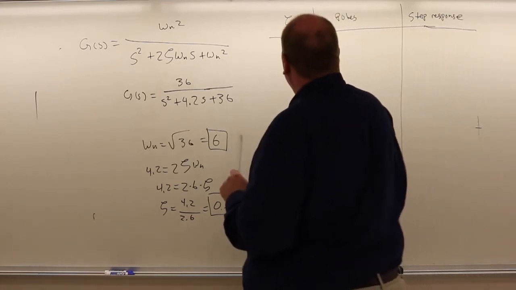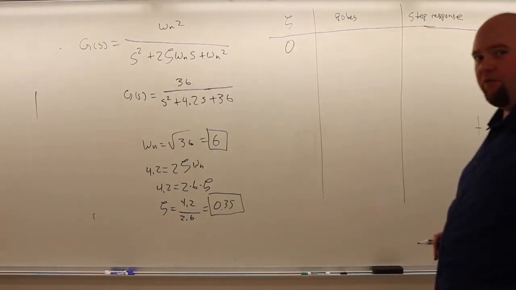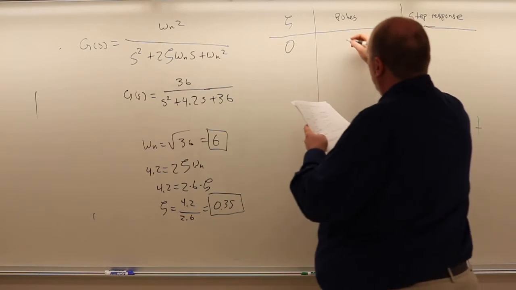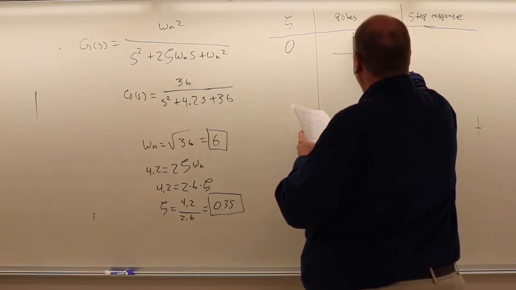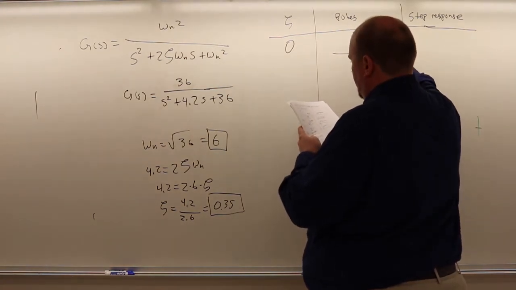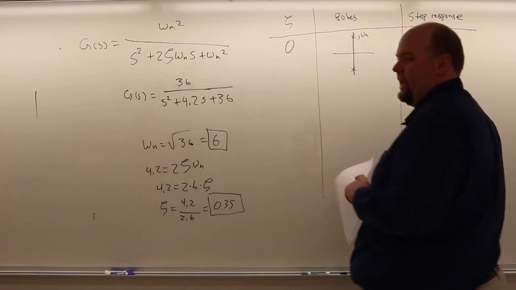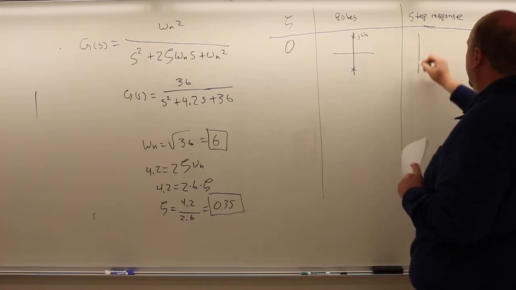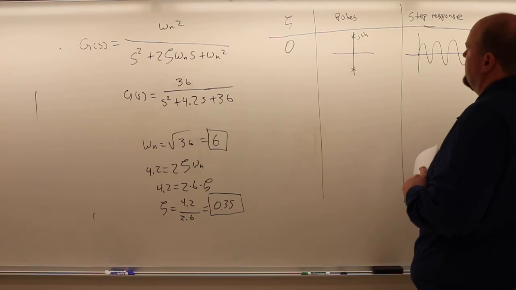Okay. So when zeta is 0, when the damping coefficient is 0, the poles of our system are going to be on the imaginary axis, and they're going to have a location of j omega n, where omega n is the natural frequency. This is the undamped response.